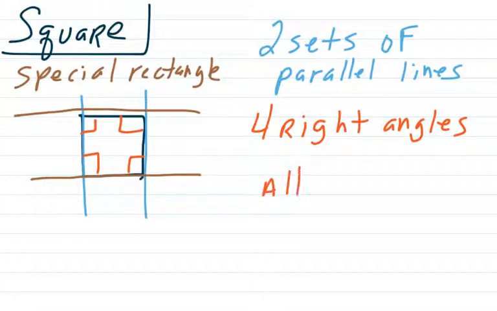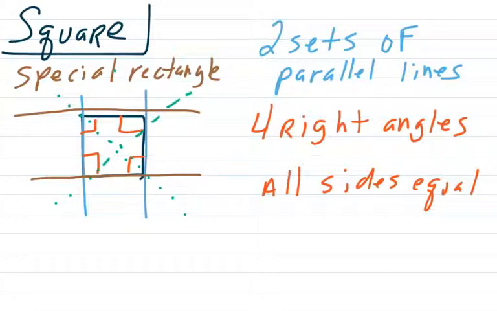So all sides are equal. And just like we were talking about at first, it also has four lines of symmetry. So make sure you draw your lines of symmetry on there.